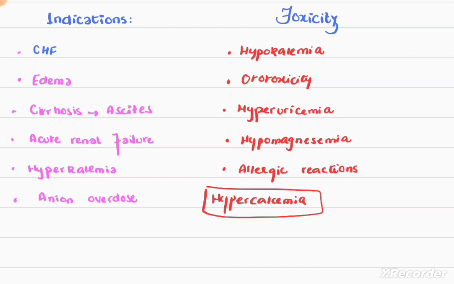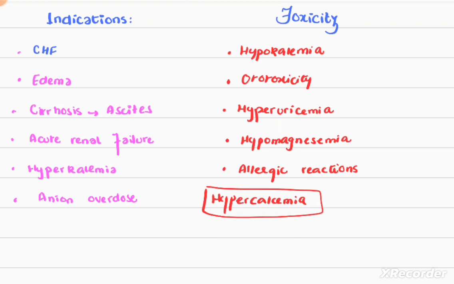Now, what will happen is that there will be a secondary hyperparathyroidism, and that will result in the reabsorption of calcium in the other parts of the nephron. So it does not cause hypocalcemia, and it causes hypercalcemia instead. So this was all about the loop diuretics.